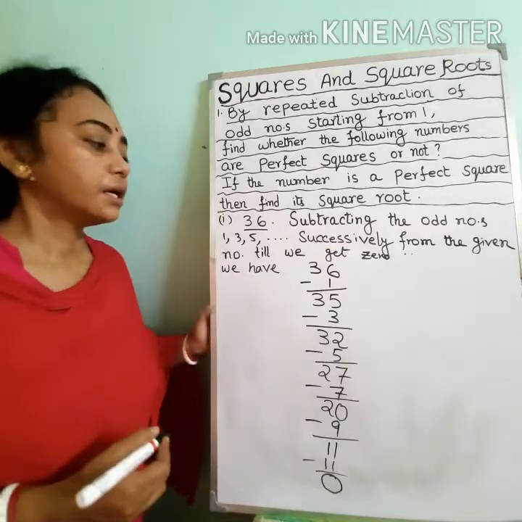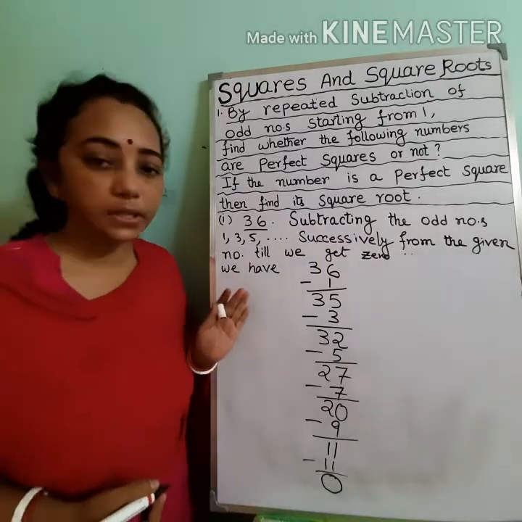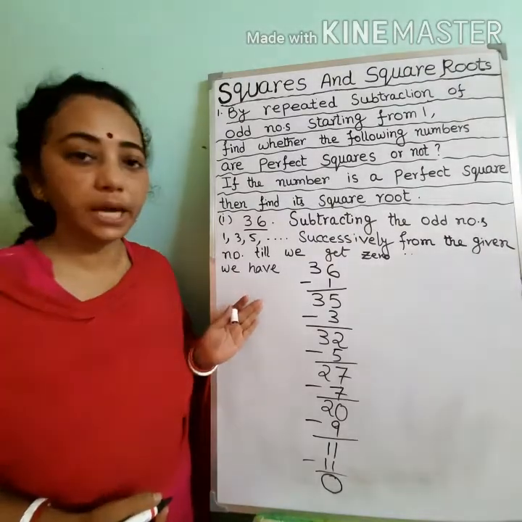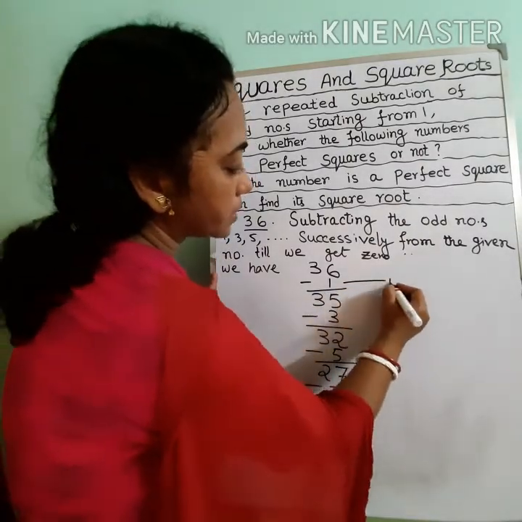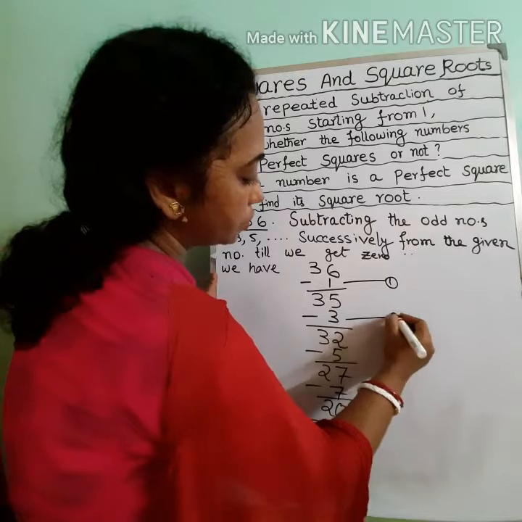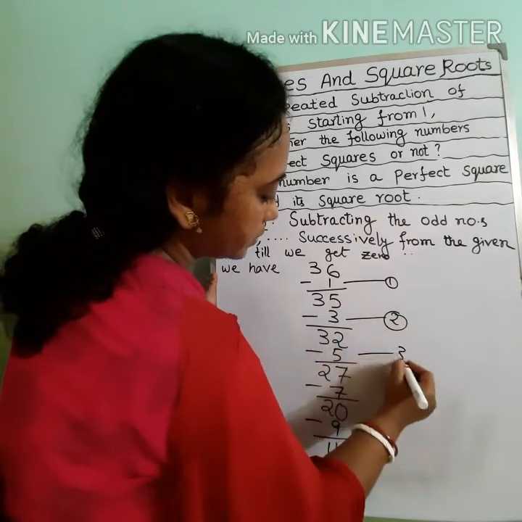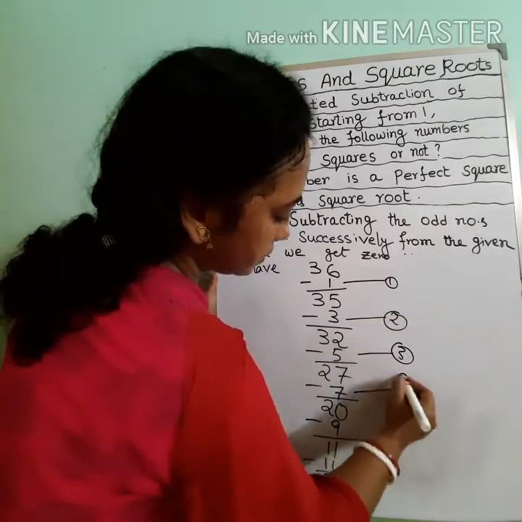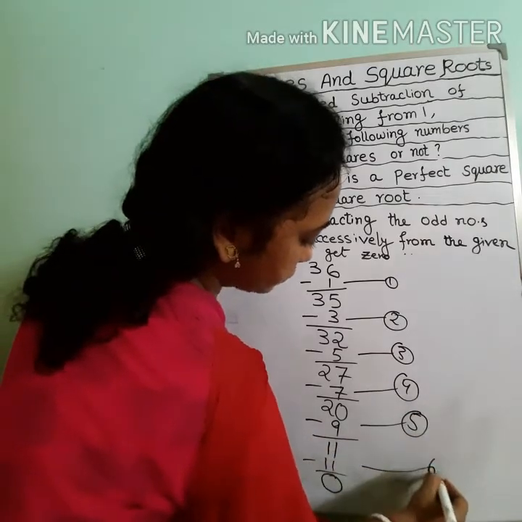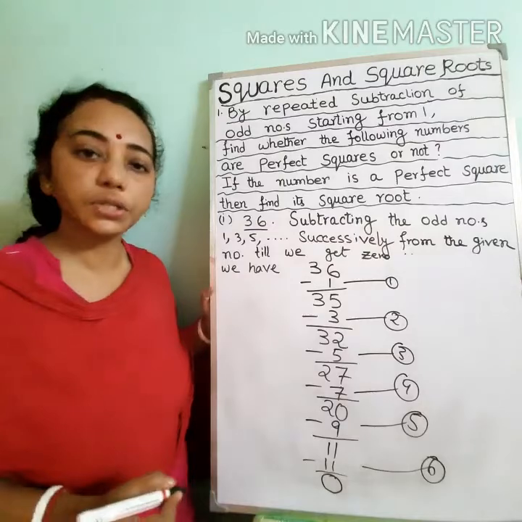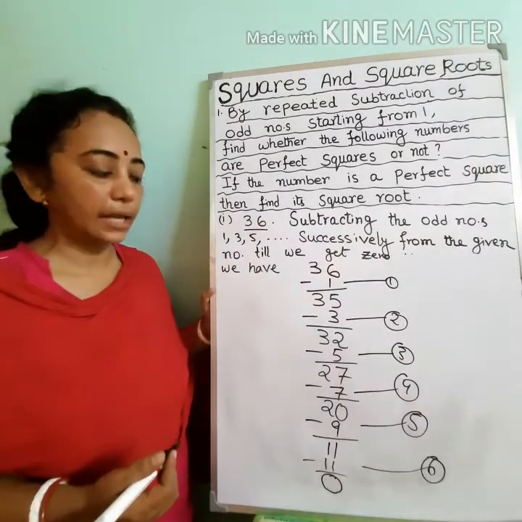That means here we performed the subtractions how many times? 6 times. Let's see how many times the subtraction is performed. This is 1 time, this is 2 times, this is 3 times, this is 4 times, this is 5 times, and at last this is 6 times. After 6 times we got 0, so we will stop our calculations.